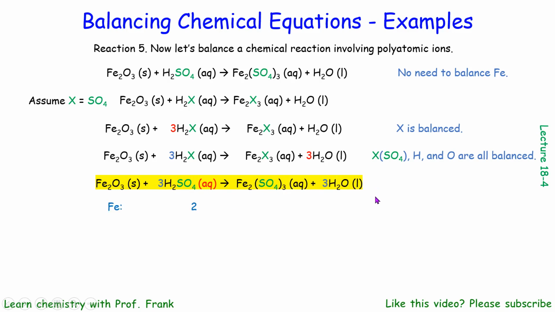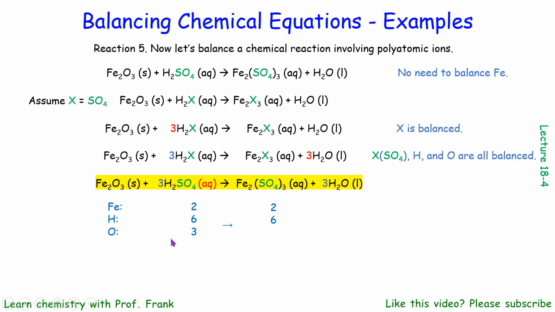But let's double check. The number of iron atoms before and after, 2. Hydrogen before and after, 6 atoms. And then for oxygen, we just count free oxygen. We are not counting the number of oxygen atoms in the polyatomic ion.